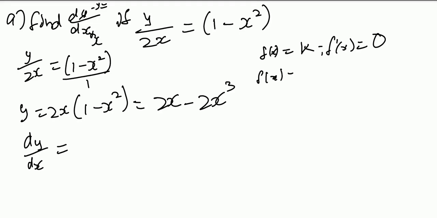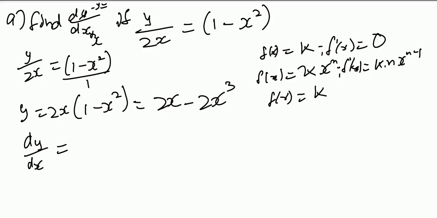If you have f of x being kx to the power n, your f prime x will be k multiplied by n x to the power n minus 1. If you have f of x being kx, that means your f prime x will be k. In all these equations, your k is a constant, a number, any number.